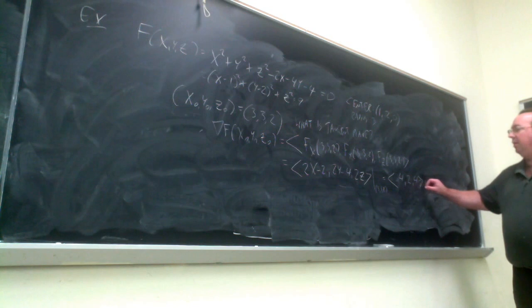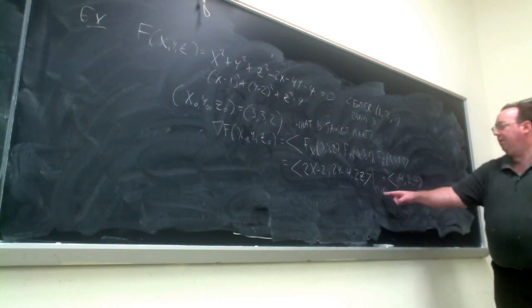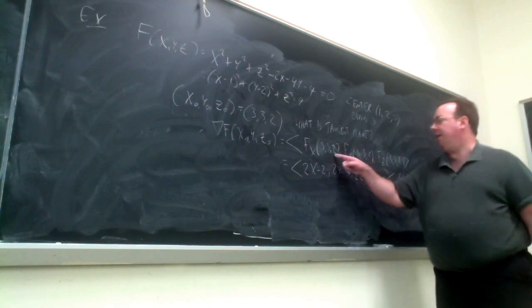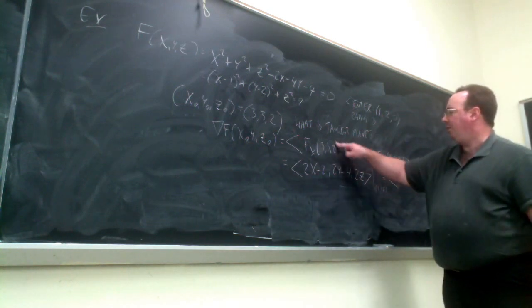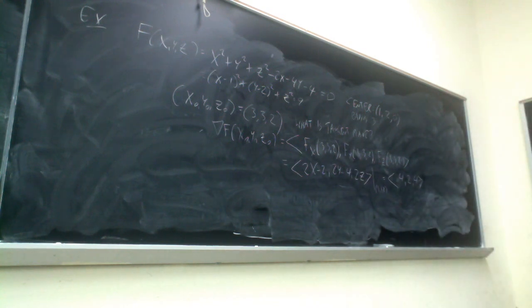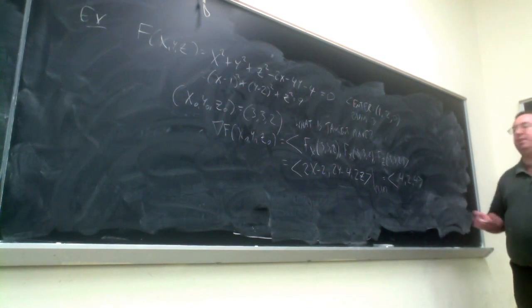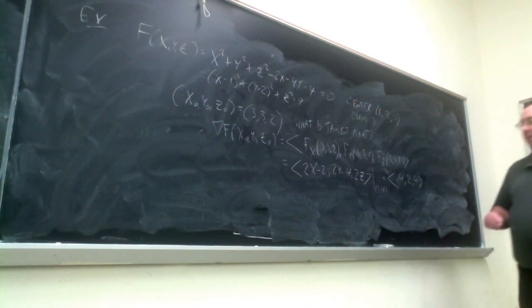What is that behind the 2 up there? Oh, it's a parenthesis. Sorry. Okay, all right. So this is my gradient at the point of tangency.